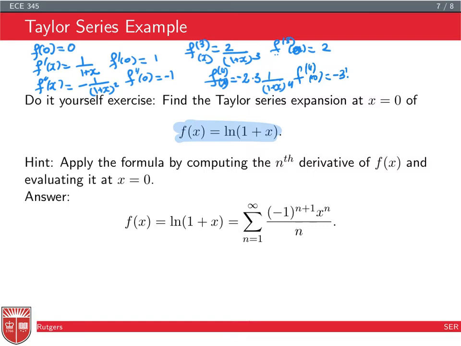Actually, to see the pattern, this is 2 factorial, and this is minus 1 factorial, and so on and so forth.